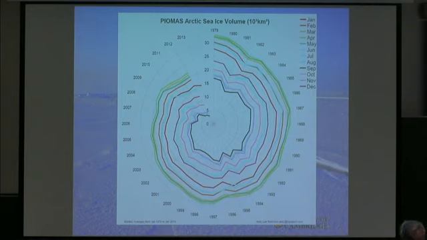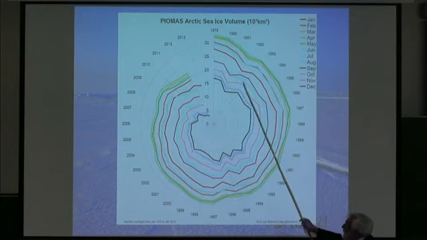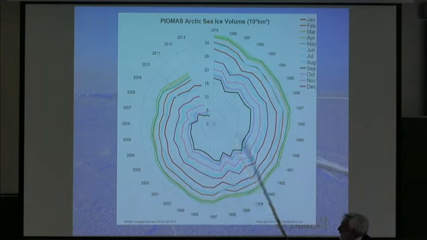So if you now put in thickness and think about volume as opposed to area, then we get this accelerating reduction, which of course leads to predictions like this famous death spiral, where you take the volume of ice in different months of the year and for different years, and you see it spiralling in towards the centre, as opposed to being a set of concentric circles, which would happen if we didn't have losses.